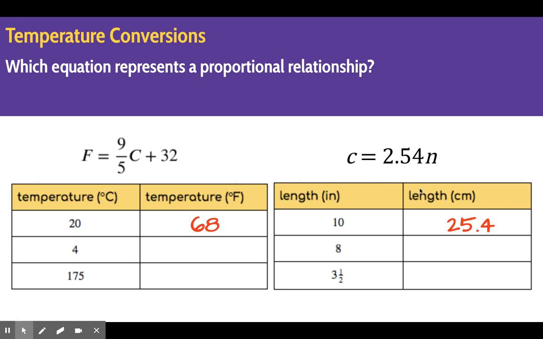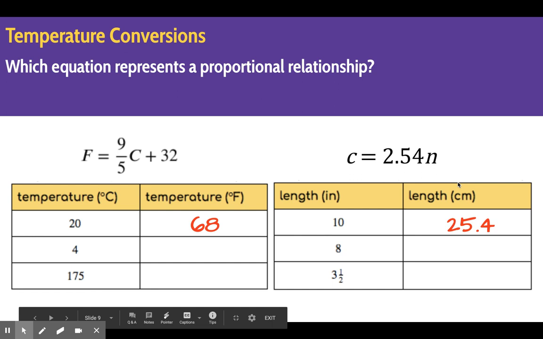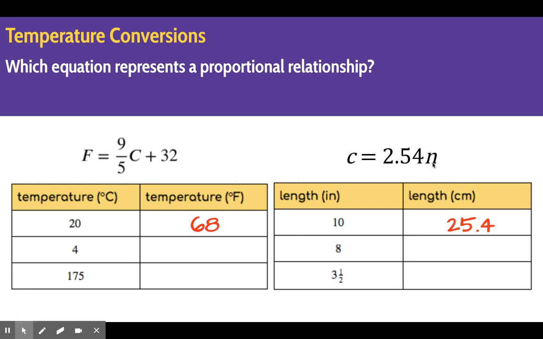So, overall, the temperature conversion equation, which was in our first table, does not represent a proportional relationship because the number of degrees Fahrenheit per degree Celsius is not the same. However, in the second table, the length conversion equation, C equals 2.54N, does determine a proportional relationship because the number of centimeters per inch is the same.